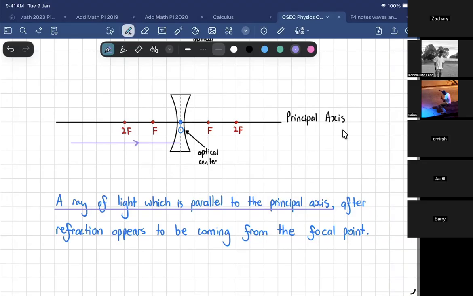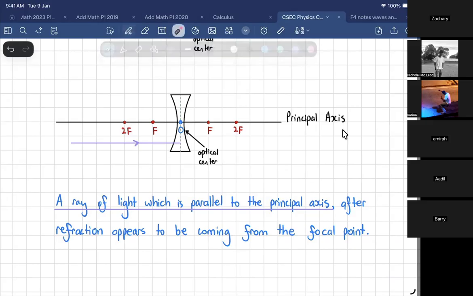Now, I have a question, guys. Do you all think that this would be correct? Remember, this is a divergent lens, right? No. So my question is, how am I going to figure out how to draw that line? I can't just draw that. It needs to be tied back to the focal point.